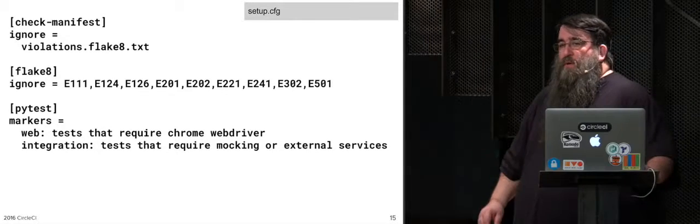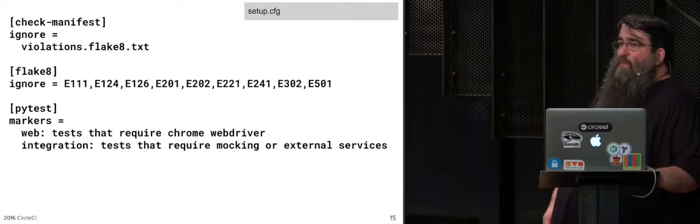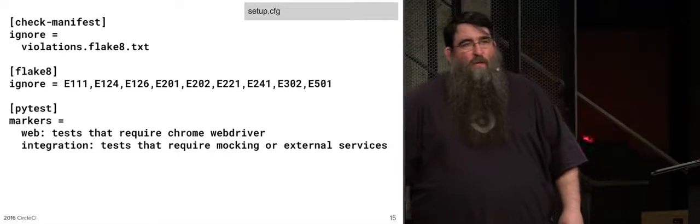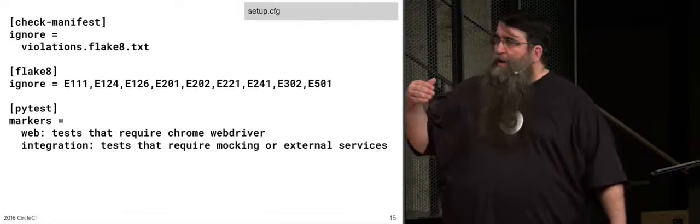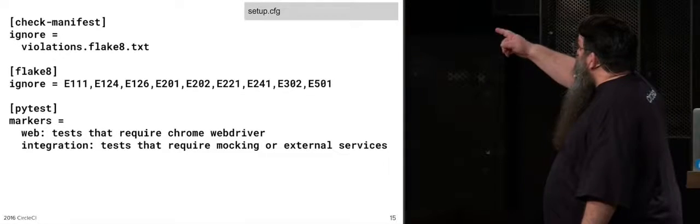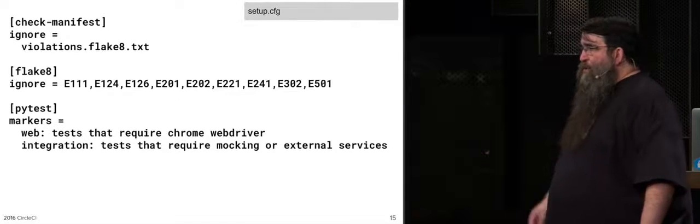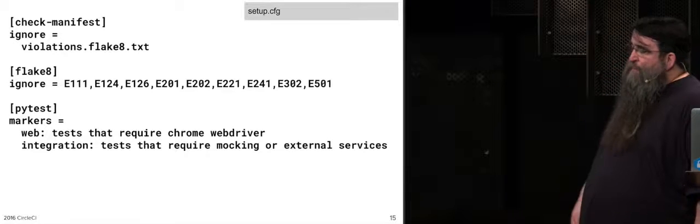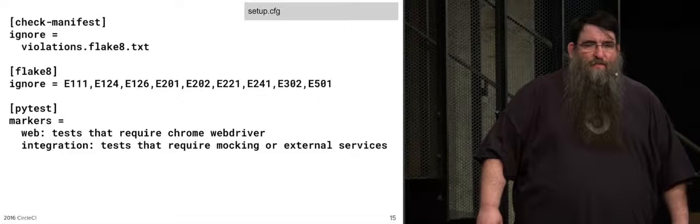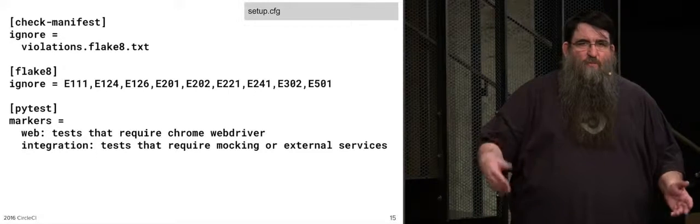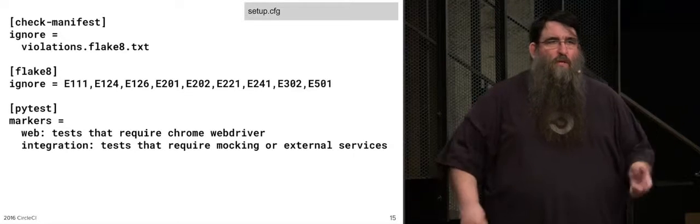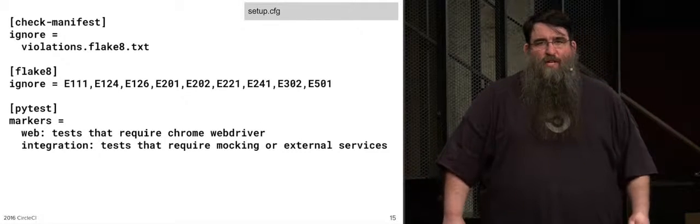In the Python world, all the tools read from setup.cfg for the most part. That's where they pull their common configuration and environment settings. So we're telling Flake8 in the middle there to ignore all the different error codes for PEP 8 compatibility. PEP 8 is the Python way of saying how many spaces you put around variable assignments, whether or not you use spaces in front of your parentheses, different style suggestions.